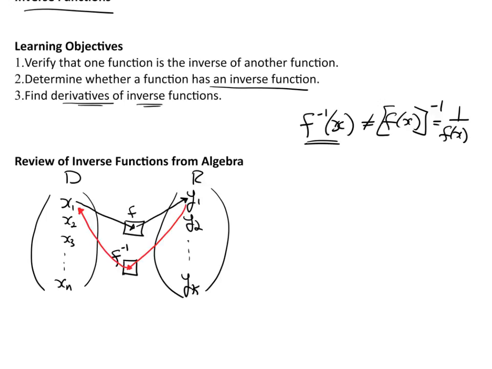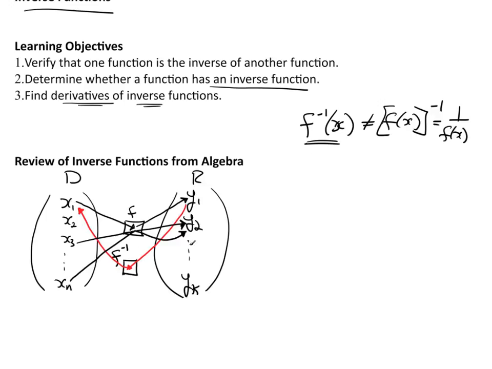Now that's kind of important because, if I have x3 and it goes into the function and it goes to y2, and I have some other value, xn, that goes into the function, and it also goes to y2, that's a function. However, this type of function will not have an inverse.